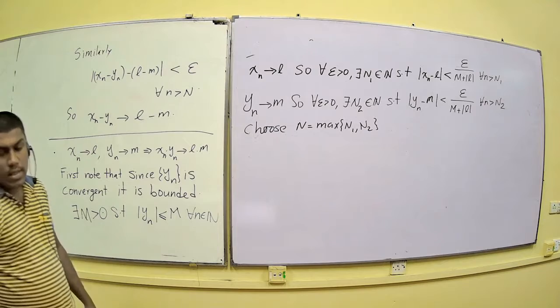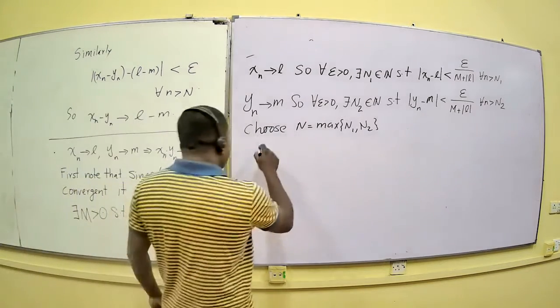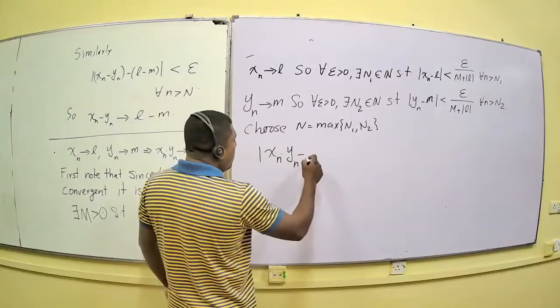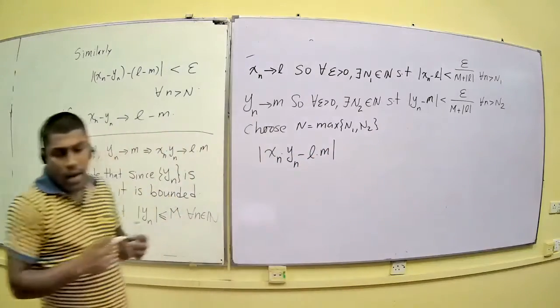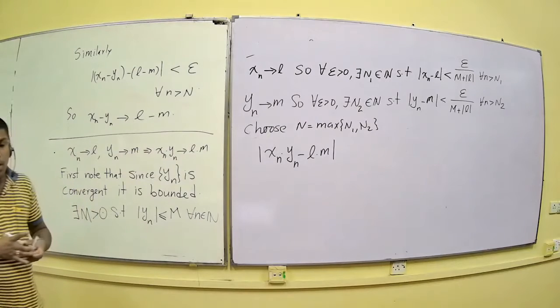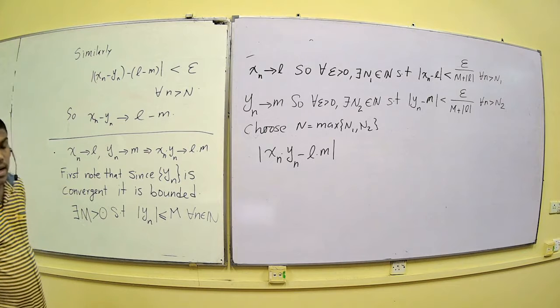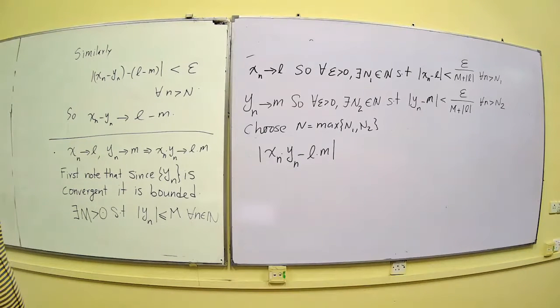So now the thing is, you have to find this: the absolute value of xn times yn minus L times M. You have to show that this is less than epsilon. That is what you want to get.